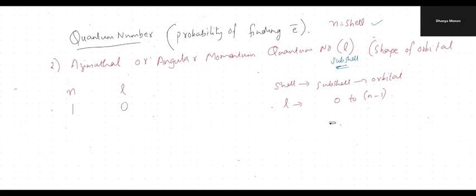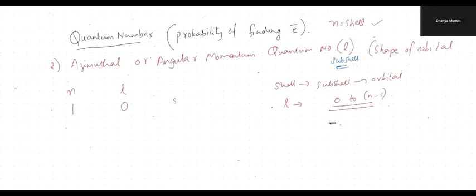You have to find this range, and it will be 0. And it represents 1s, that is, it is representing the shape. It is 1s. It will have a spherical shape. It represents s.